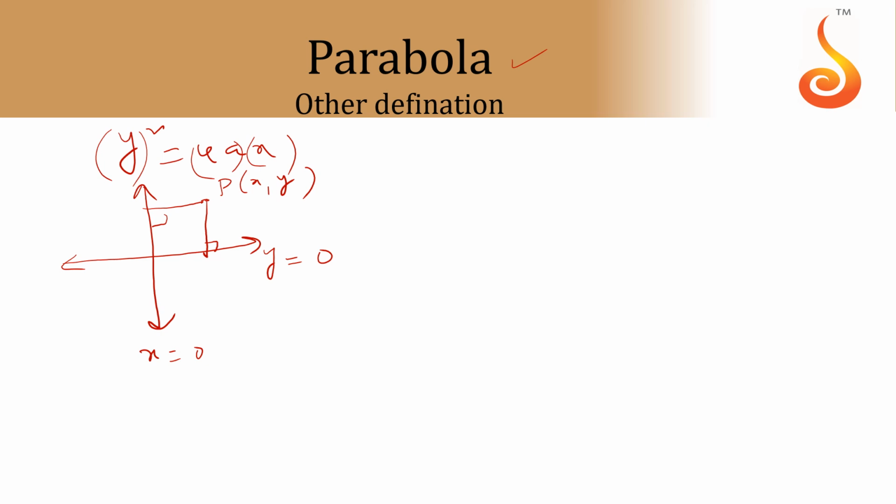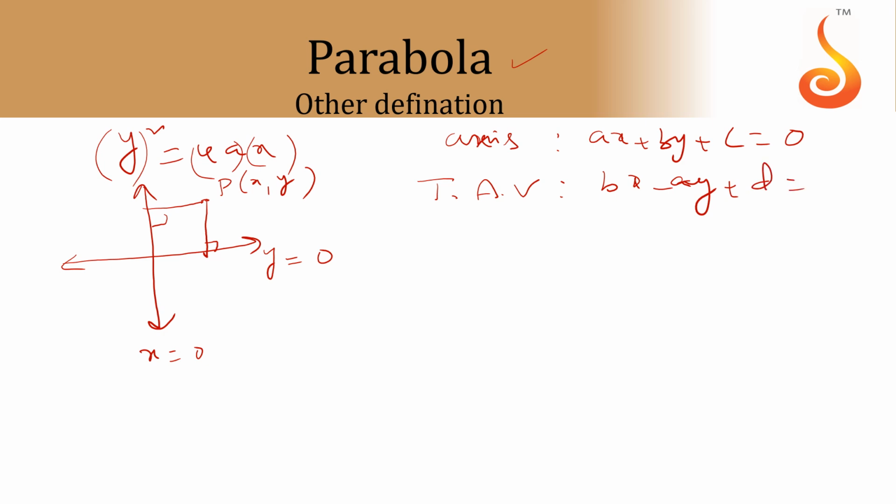By observing this, let us generalize this. Let ax plus by plus c equal to 0 be the axis, and the tangent at vertex be bx minus ay plus d equal to 0.